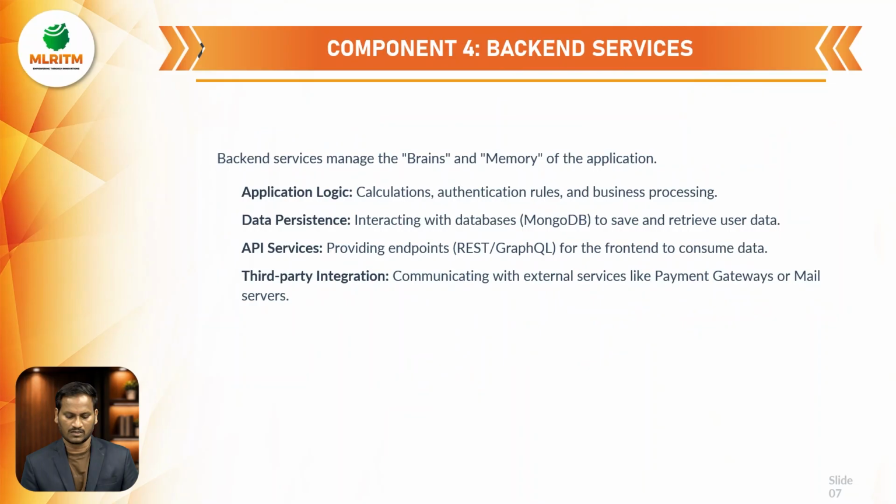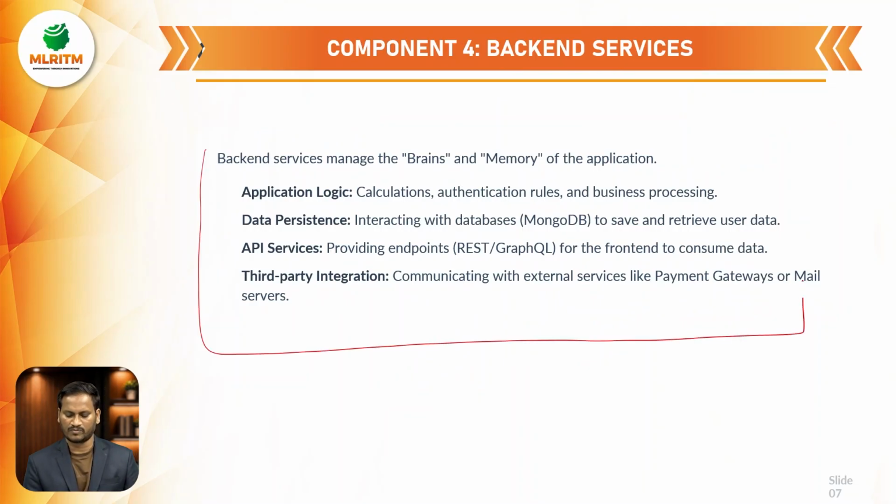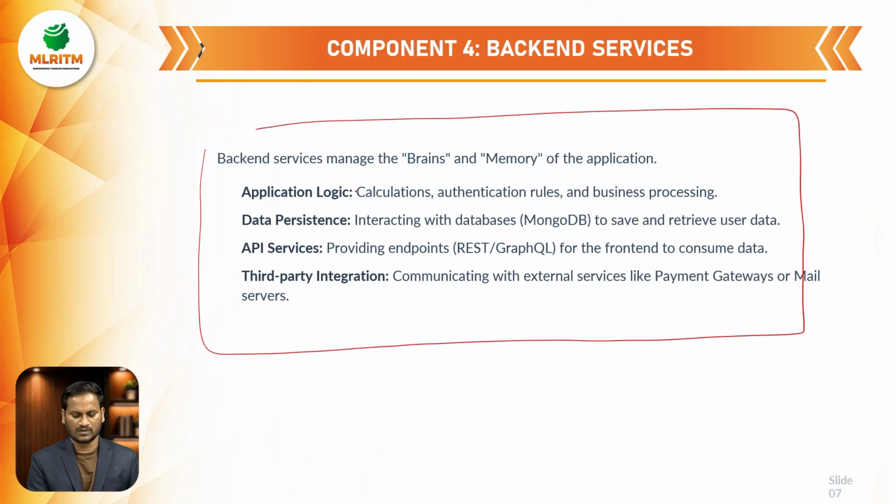Next, backend services. What are the backend services? We have talked about backend services. On the backend side there will be application logic, data persistence, API servers such as REST and GraphQL, and third party integration. So what is application logic? Whatever the user needs to process is handled with application logic: calculating some authentication rules and business processing.